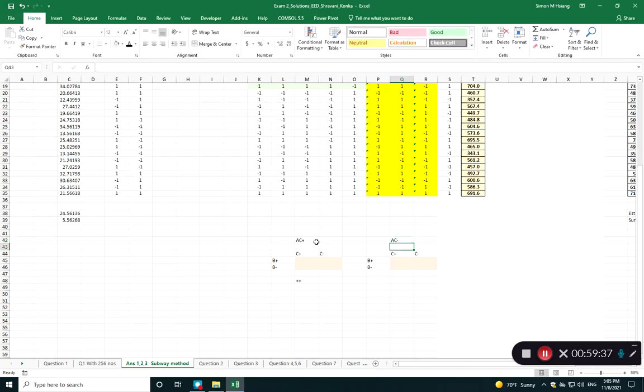So totally how many subway stations am I going to end up with if I want to do multiple comparison, lay them all out? It's 8. The 8, yeah.